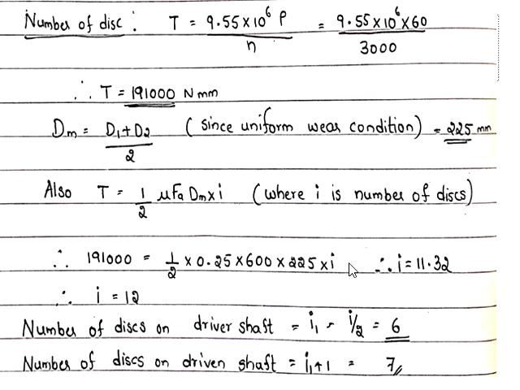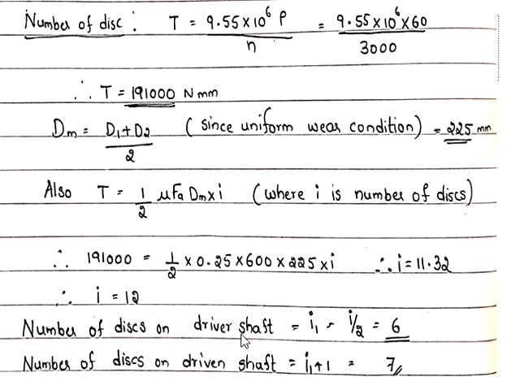Calculate the number of discs. When you find the number of discs, you will get i value as 11.32. But remember, this i value has to be an even number. So we'll round it off to 12. Then find out the number of discs on the driver shaft and driven shaft.